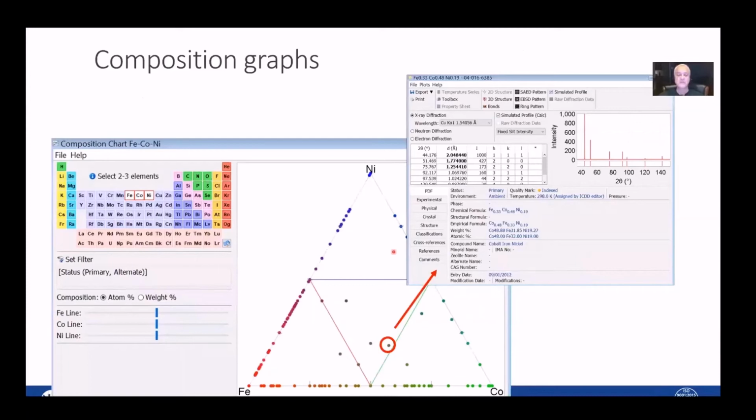Additional capabilities in the powder diffraction file include composition graphs, ternary diagrams. This case happened to be an iron, cobalt, nickel alloy, and we can see all of these dots represent different entries in the database for different compositions. If you click on one of those dots, a PDF entry will open up.